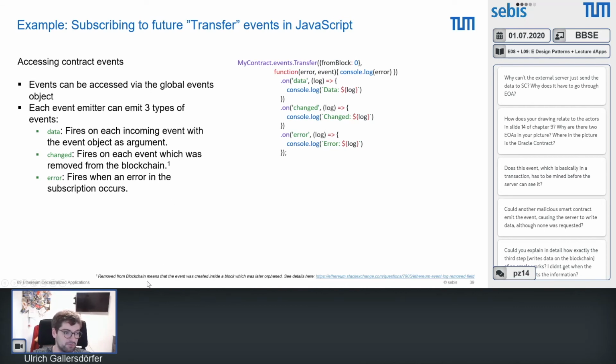Removed from the blockchain means that the event was created inside a block, which was later orphaned. So even they account for situations where blocks are removed again, and therefore you can also keep track of that inside your application. And also an error argument, for when something went wrong.